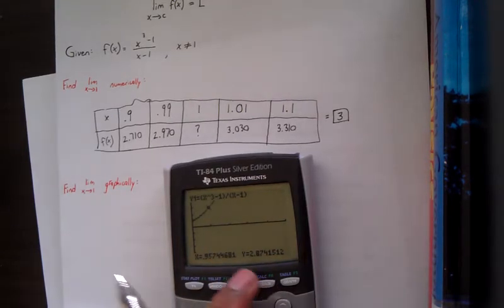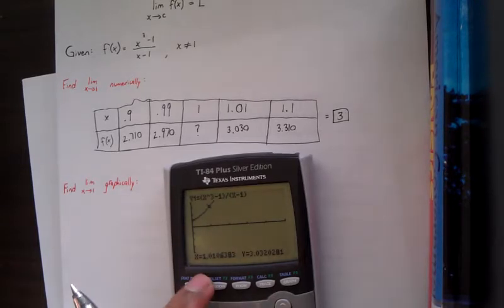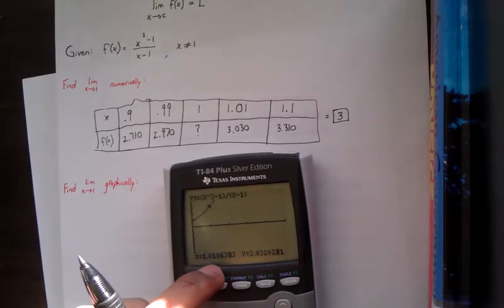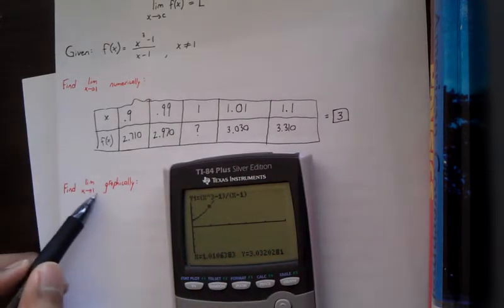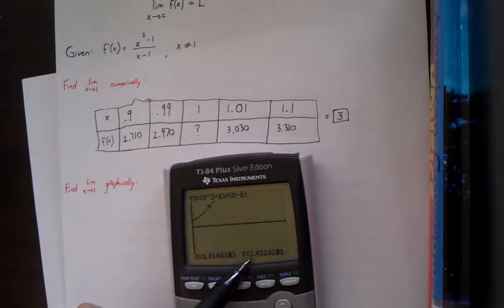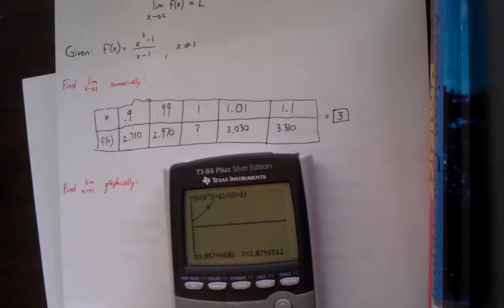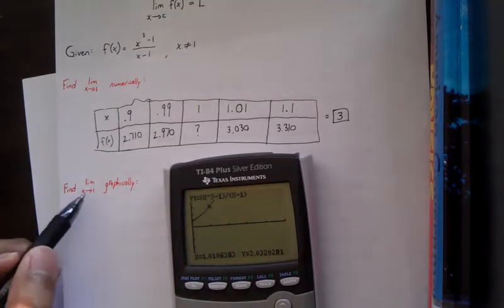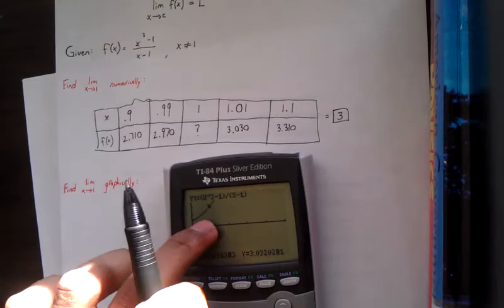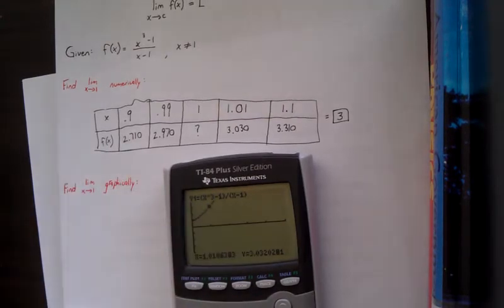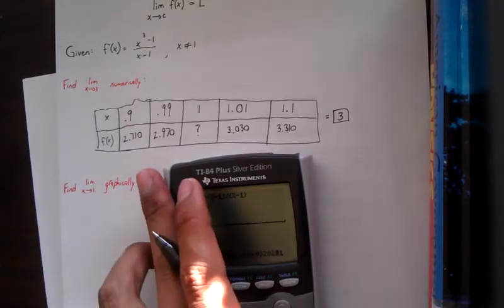I'm just tracing the graph right now. If you go to 1.01, just a little over the x value that you're trying to find, then the y value is just barely over 3. So you can see that at 1 it seems to be right at 3. And so that's how you find the limit numerically and graphically.